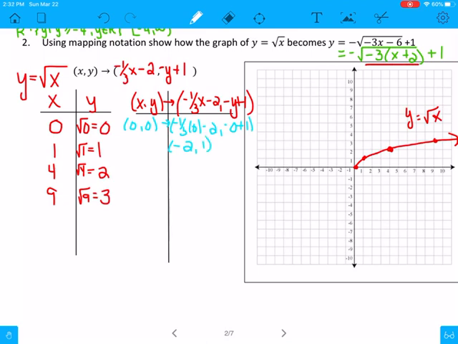So my new point's at negative 2 and 1. Okay? Then I'm going to use the point 1, 1 off the original, and I'm going to map it. So I'm going to get negative 1/3. Wow, my 3's stink. Negative 1/3 times 1 minus 2, comma, negative 1 plus 1.